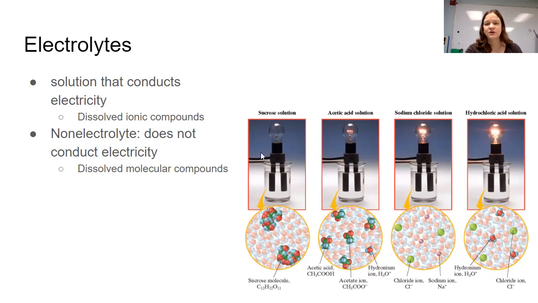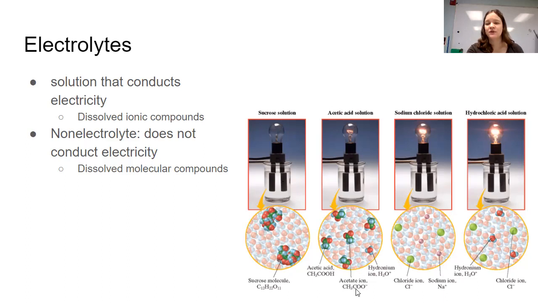So this is showing you sucrose, which is table sugar. You dissolve sugar in water, and I think we found that glowed just a little bit when we were looking at that. Acetic acid, which is vinegar. Vinegar is a very weak acid, and so you don't get a whole lot of what we call dissociation.